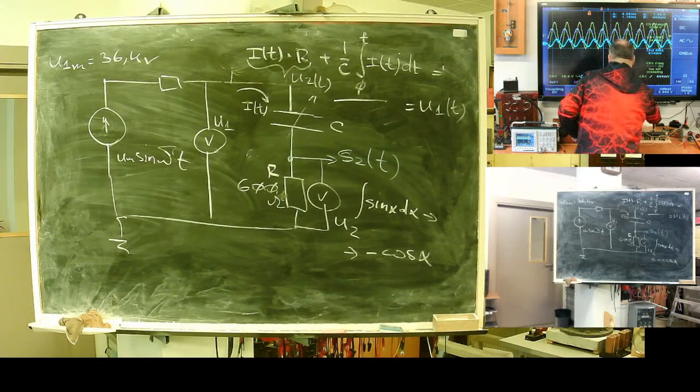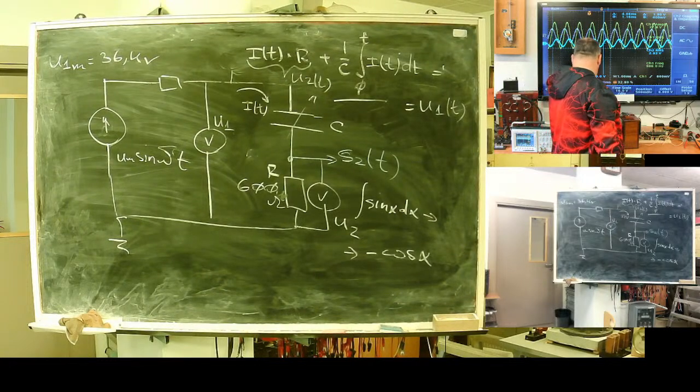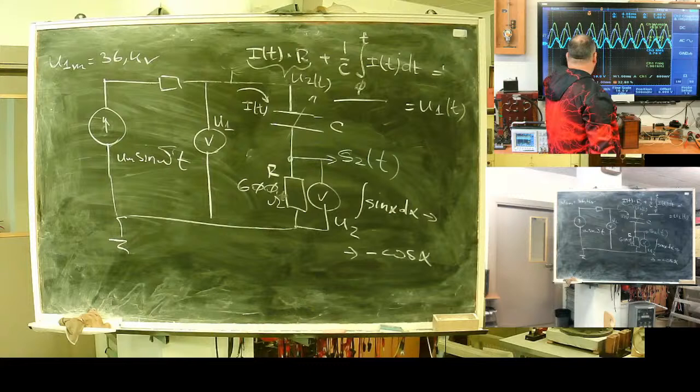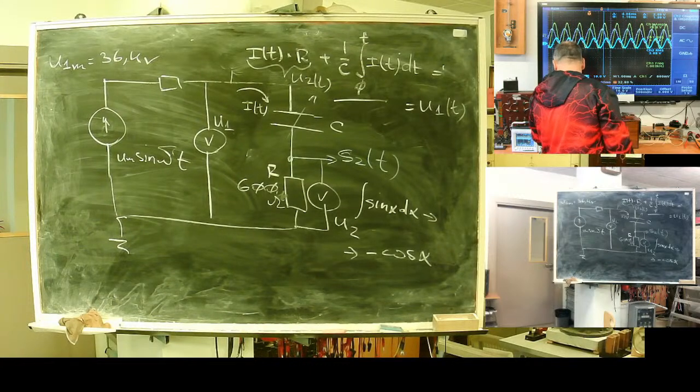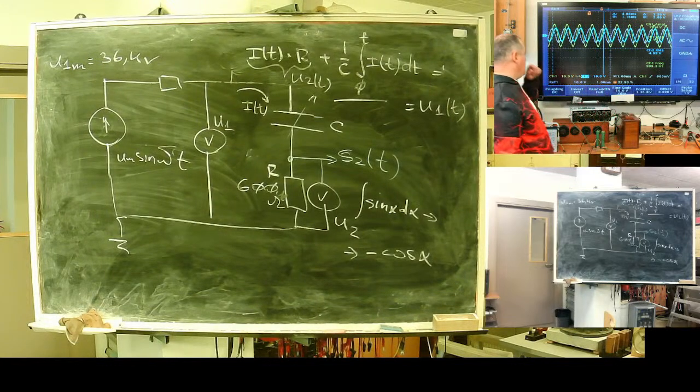Box of coils. Here it is. White line from capacitor and blue from the coil.